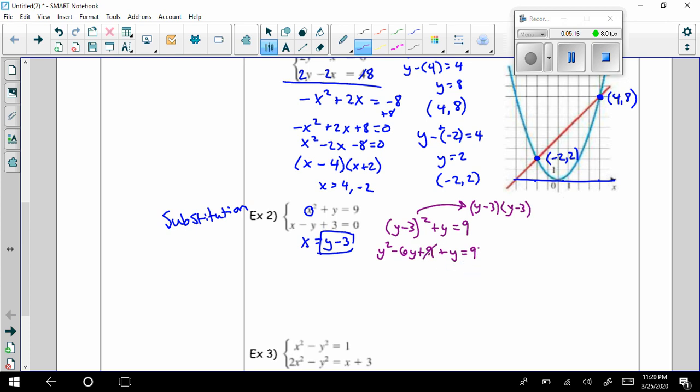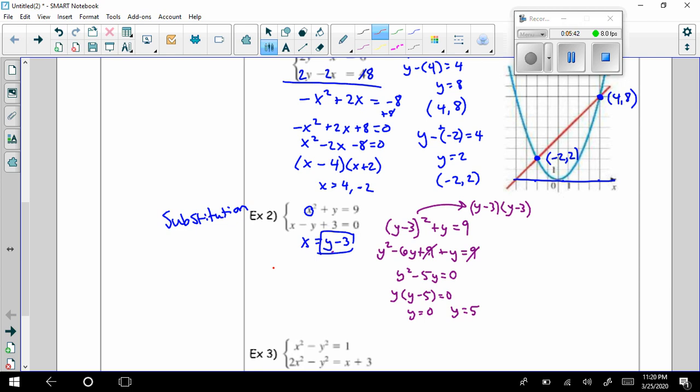The 9's will cancel. The y's will combine, so I get y squared minus 5y equals 0. Factor out. So y will equal 0 and y equals 5. Because I have two y's, I will also have two x's.